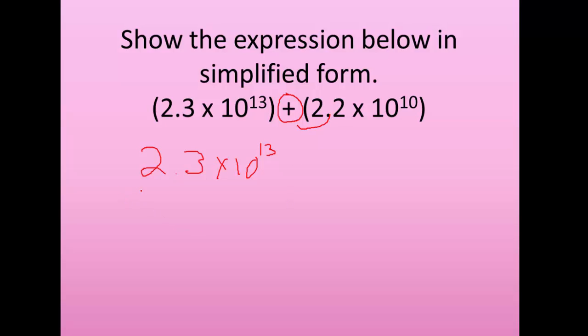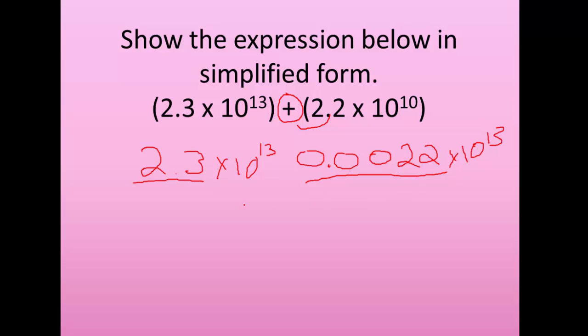So now that our exponents are the same, they're both 10 to the 13th, we can just add the 2.3 and the 0.0022 together. So we're going to get 2.3022 times 10 to the 13th.